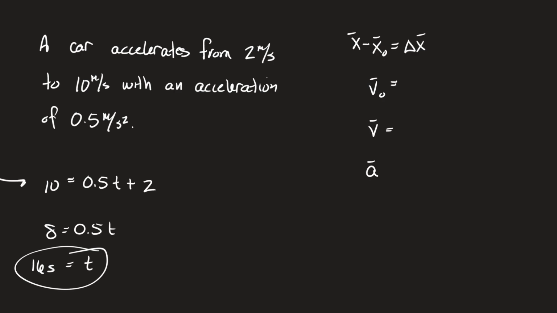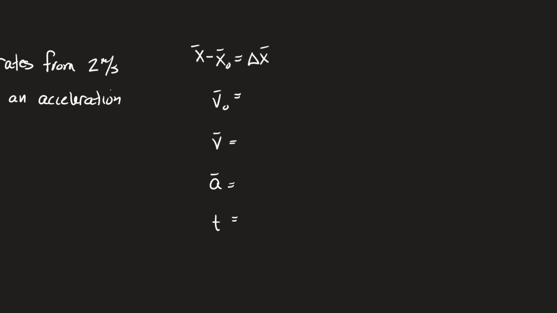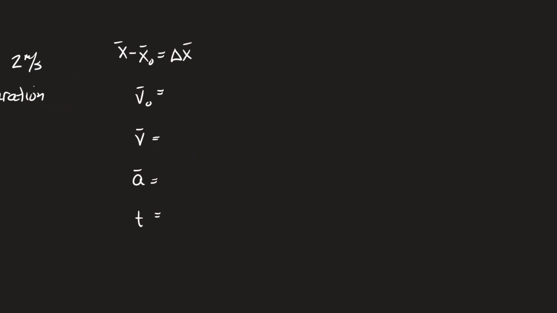There's acceleration, and there's time. 5 motion variables. And it looks like we have, just from looking at motion graphs, 2 relationships that we could use to figure out the missing information.